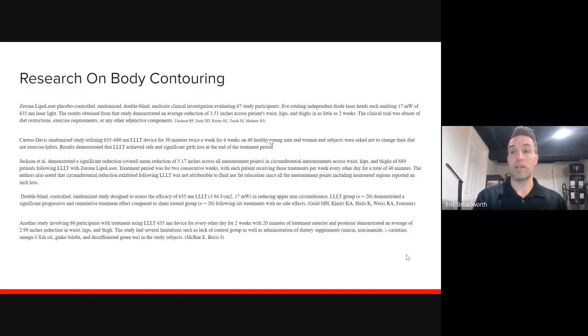It was a really good study. The device that they used was the Zerona lipo laser. It emitted 17 milliwatts of 635 nanometer laser light. And they demonstrated an average reduction of 3.51 inches across the patient's waist, hips, and thighs in 2 weeks.